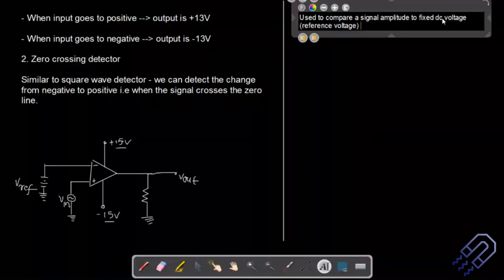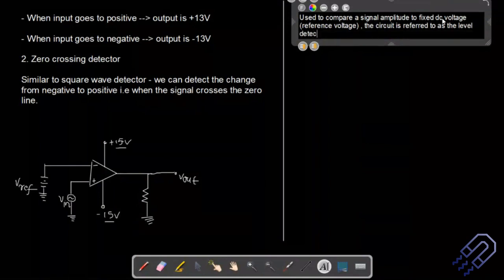And this circuit is referred to as the level detector. So that's your level detector that we have.